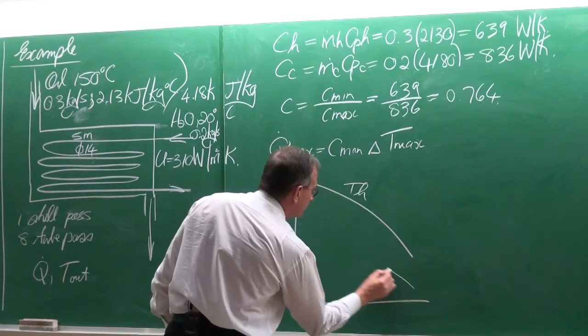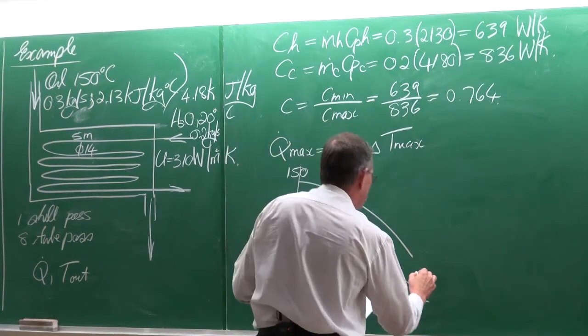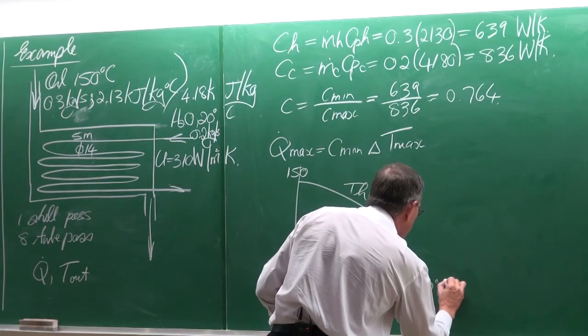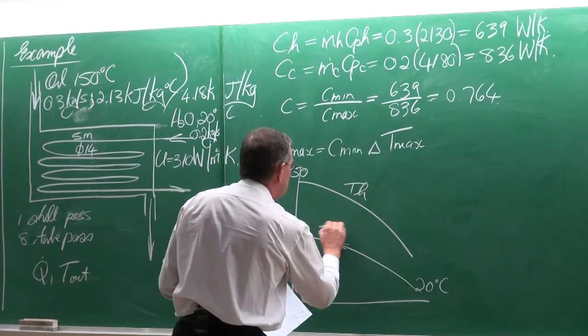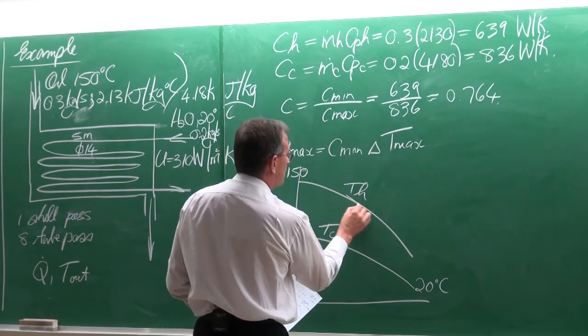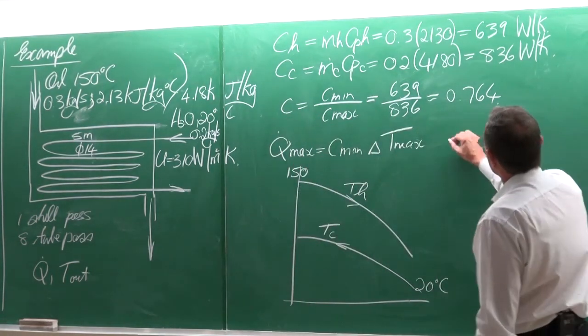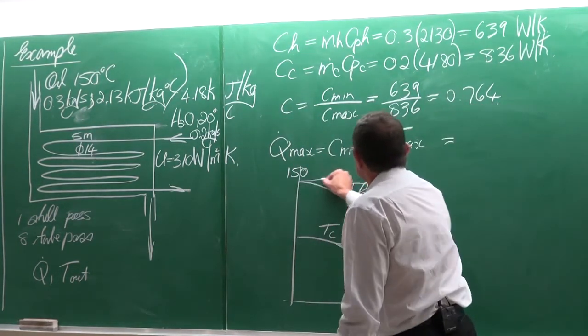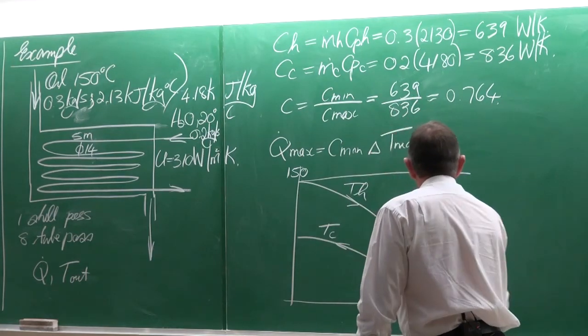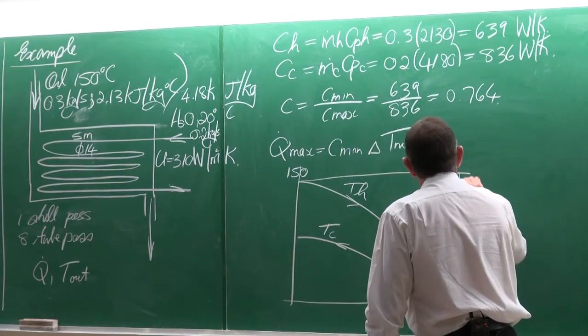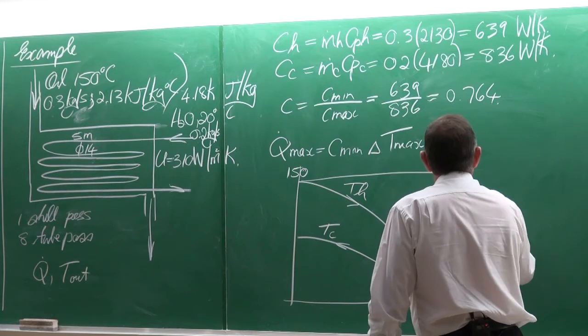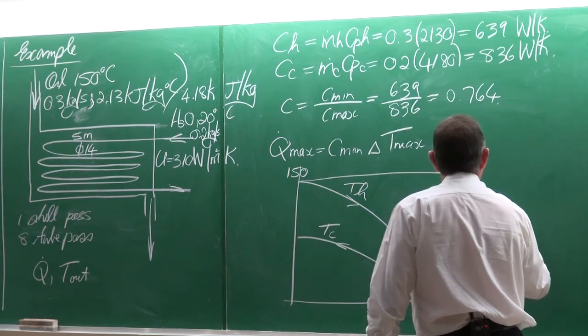On the cold side we have 20. The hot side, okay, like that. So if we look at this, the maximum temperature difference is those two values, delta T max.